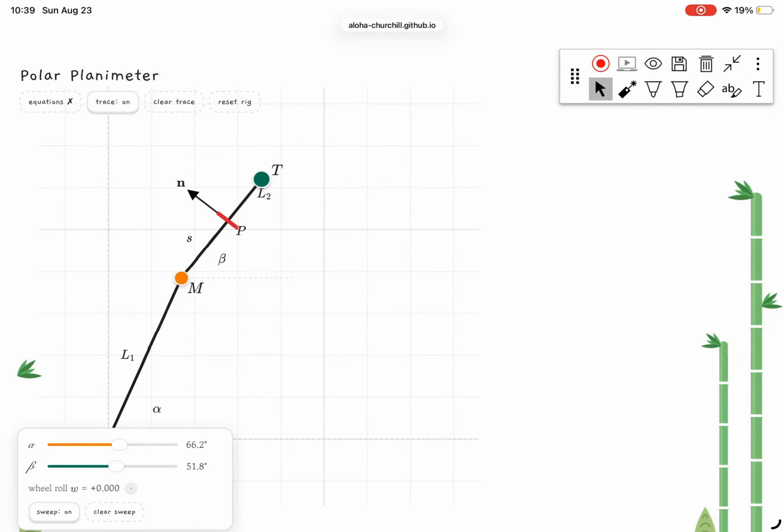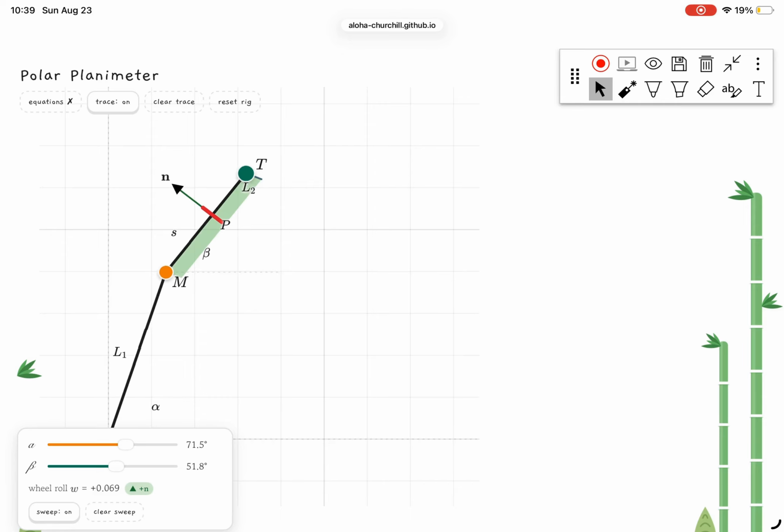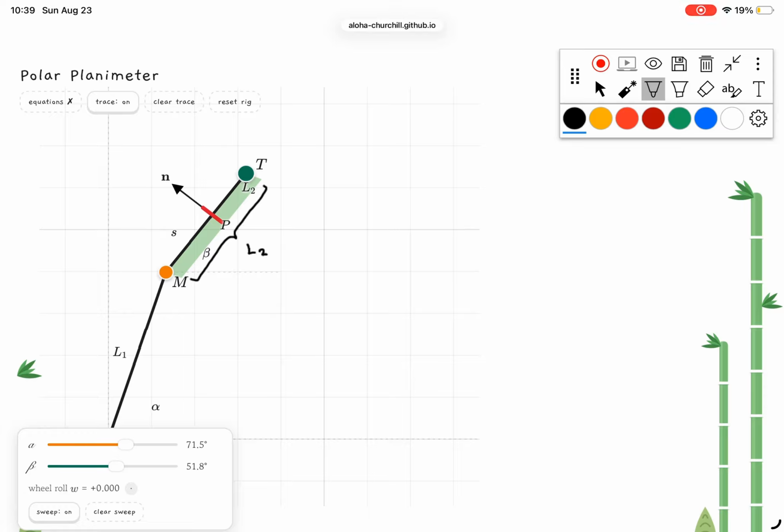To then connect our swept area back to our signed rolling distance, let's look at how a tiny change in d alpha and d beta sweep out the area. First, if we change alpha by just a little bit, you can see that a little parallelogram is swept out. The base of the parallelogram is just the length of our tracer arm, L2.